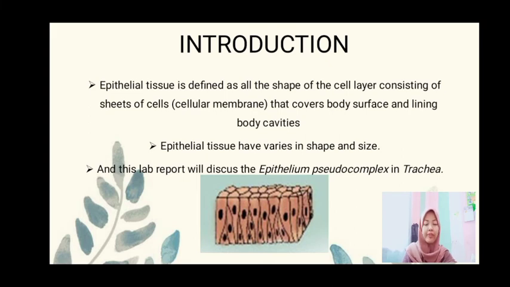The types of epithelium simplex are columnar simplex, squamous simplex, cuboid simplex, transitional, and the last is epithelium pseudostratified. This lab report will discuss the pseudostratified epithelium in the trachea.